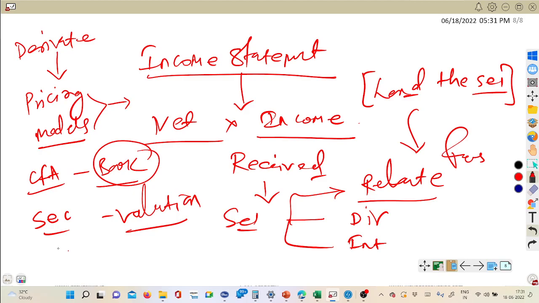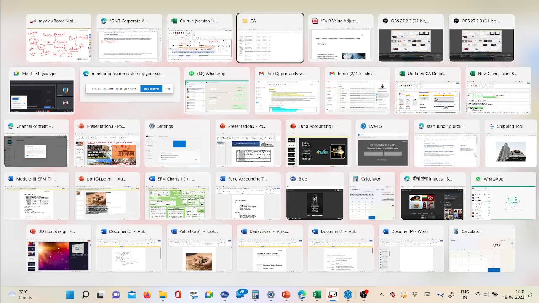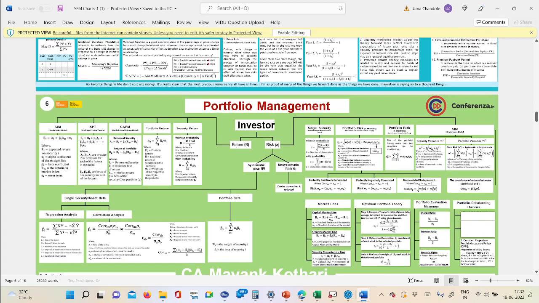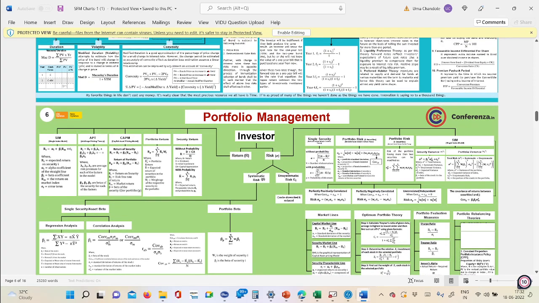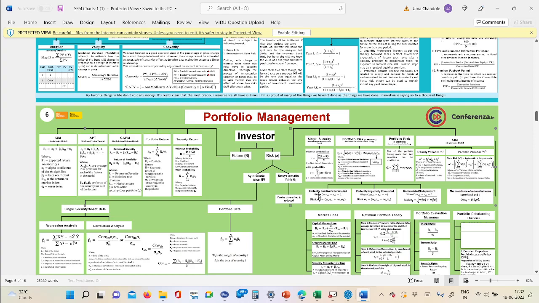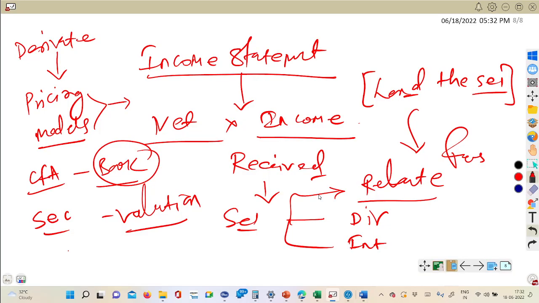Refer to the 11th and 12th standard accounting book, and there are two chapters, derivatives and security valuations, and you can add one more. Portfolio management, security valuation, and derivatives. So if you can prepare these four chapters, you can crack any interview.